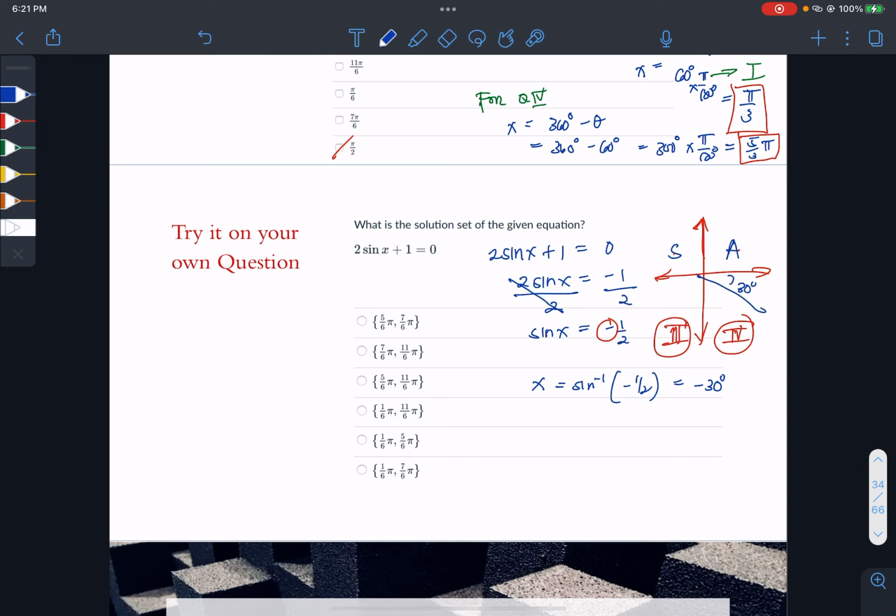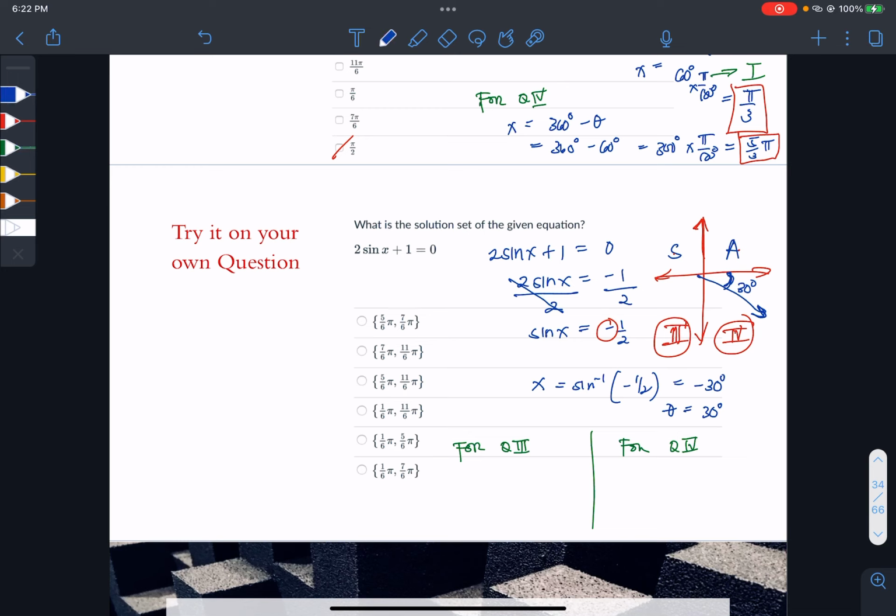Diba? Kaya sa fourth quadrant, ang theta mo niyan, tanggalin mo lang yung negative. So, ang theta mo dyan is 30 degrees. So, sabi ko nga, dalawa yung makukuha mo dyan. One is for the third quadrant, quadrant 3. Yung isa is for quadrant 4.